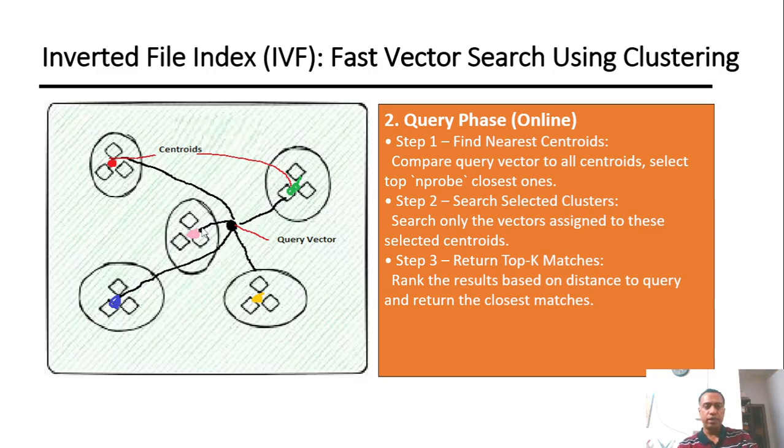Once it has identified the top n centroids, it will look into each of those clusters and identify the top k vectors based on cosine similarity. Whichever has the highest cosine similarity is selected, and then that gets moved to the next phase.